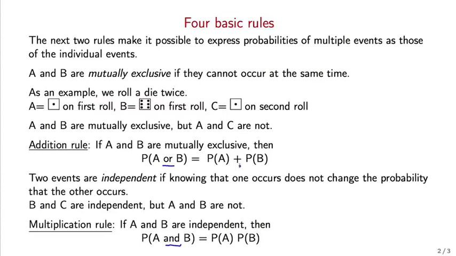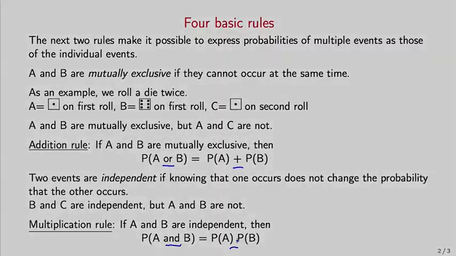And in the addition rule we add, whereas in the multiplication rule we multiply. And likewise, the assumptions are different. For the addition rule, the events have to be mutually exclusive, and in the multiplication rule they have to be independent. This is what one has to keep in mind to keep these two rules apart.